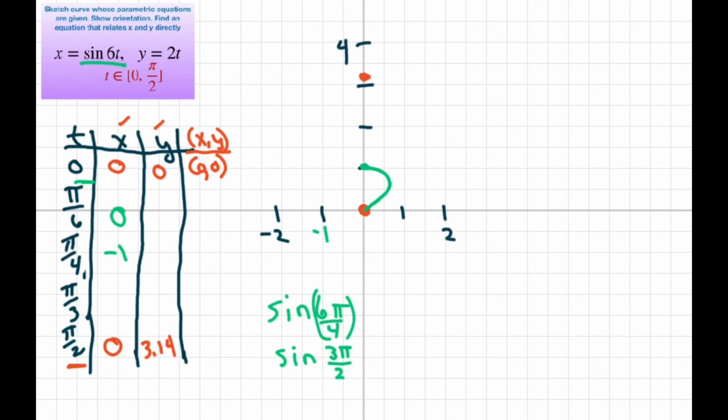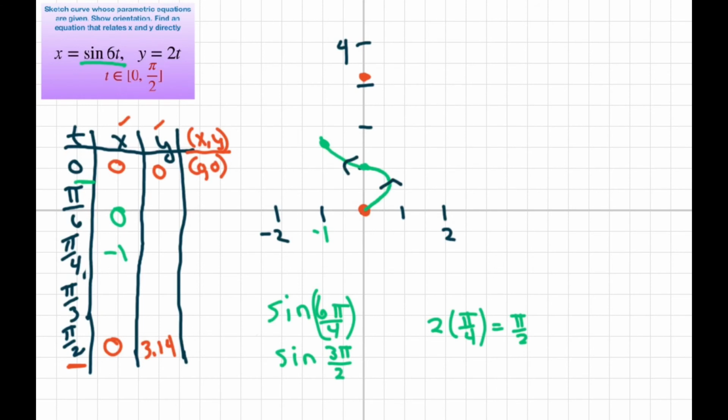And then 2 times pi divided by 4 is going to just be pi divided by 2. So that's going to be up in this range right in here. All right, so here's your orientation.